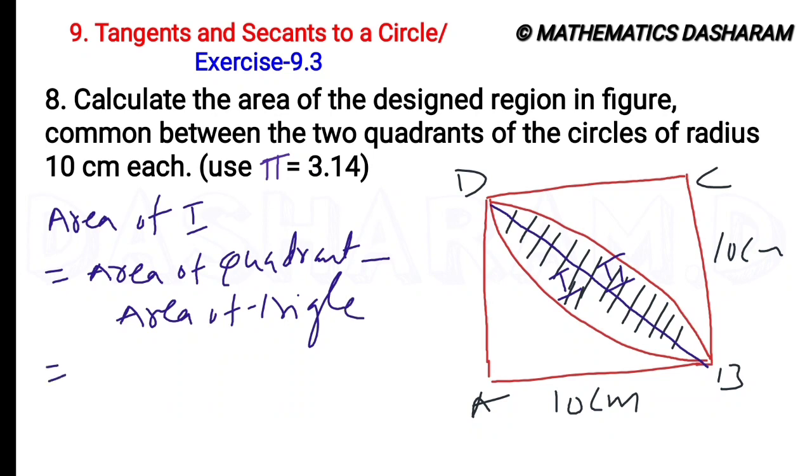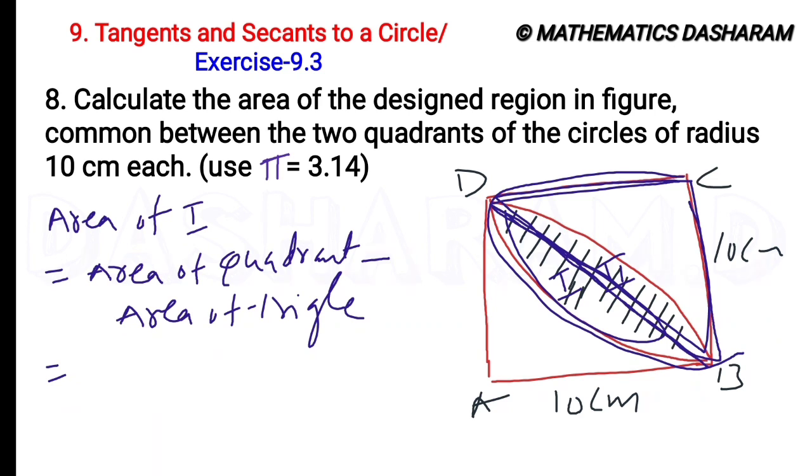Okay, because there is a triangle here, CBD. If you remove this CBD from this quadrant, then you will get the area of the first part.